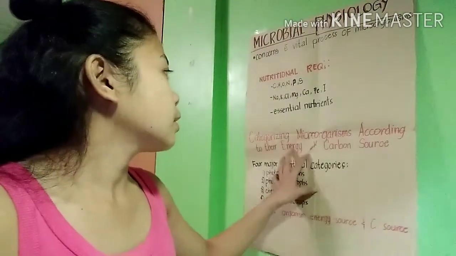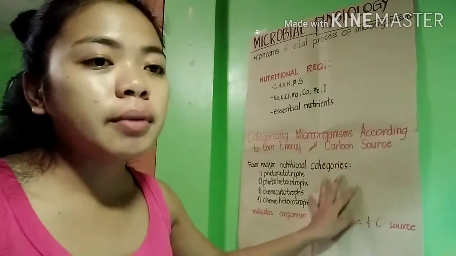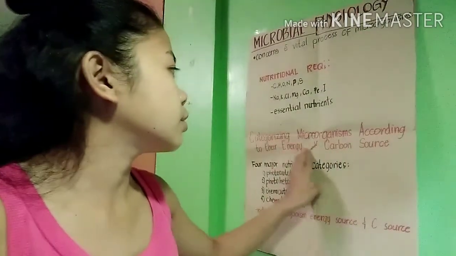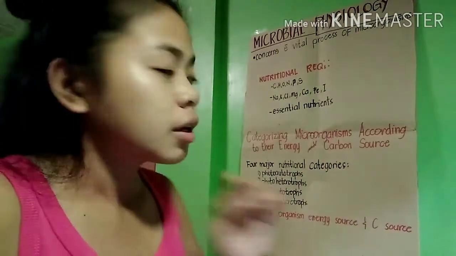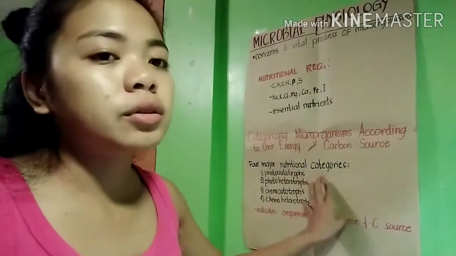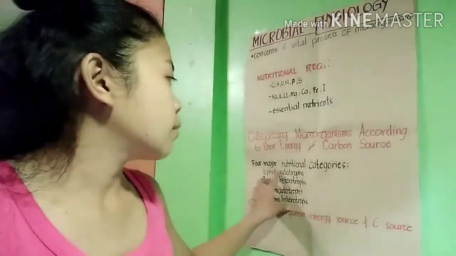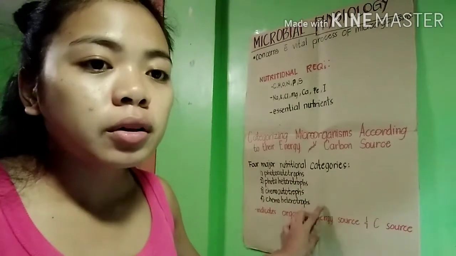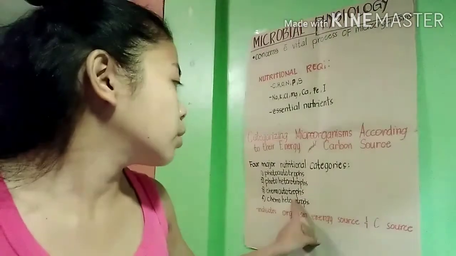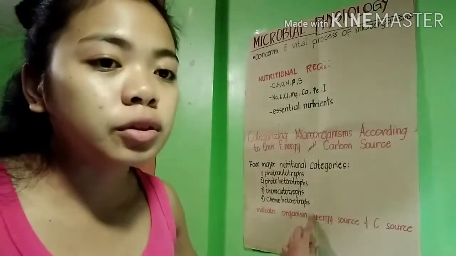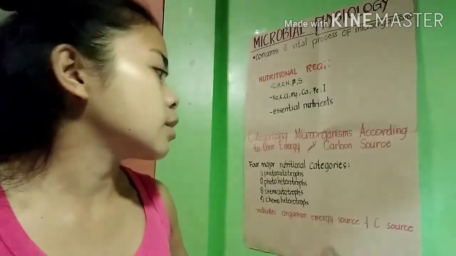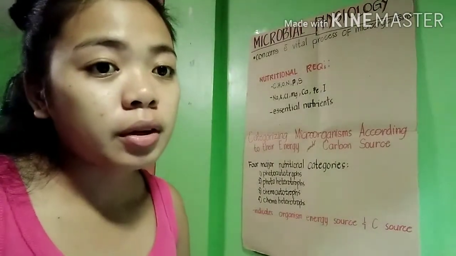So the next is categorizing microorganisms according to their energy and carbon source. These are the four nutritional categories: the photoautotrophs, photoheterotrophs, chemoautotrophs, and chemoheterotrophs. This indicates the energy source and carbon source of the organism.